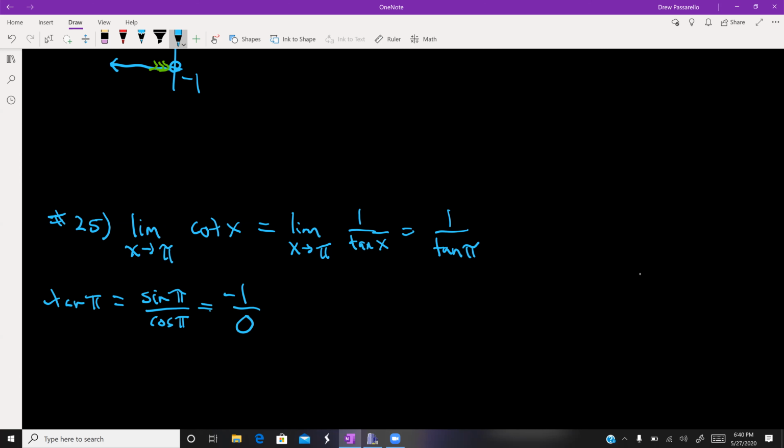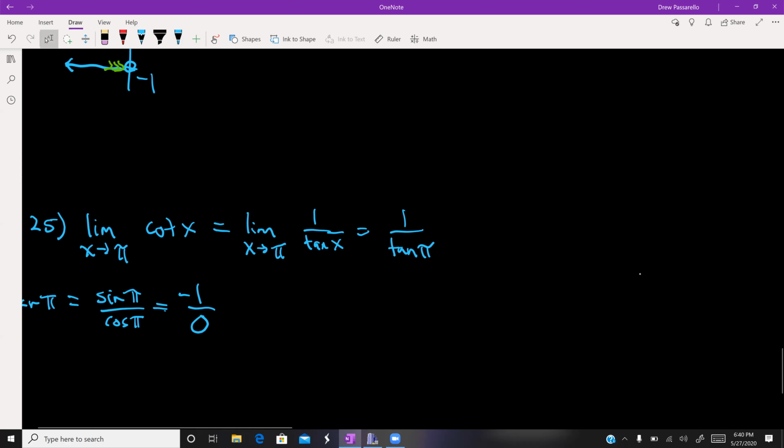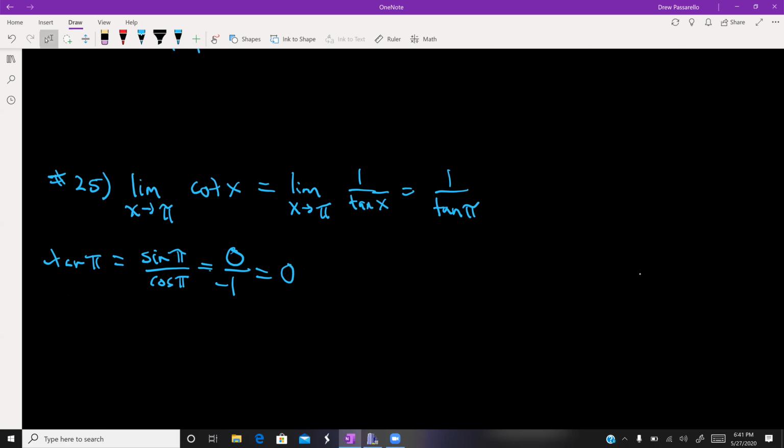So I get -1 divided by 0. Actually, I have that backwards. It'll be 0 over -1, which is 0.